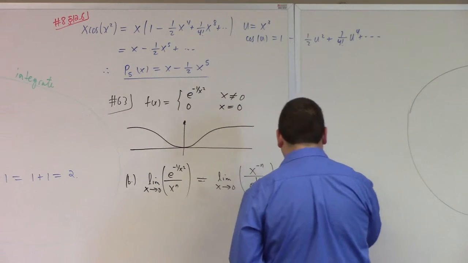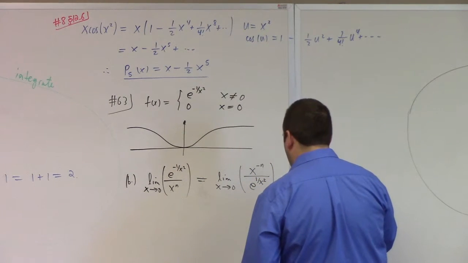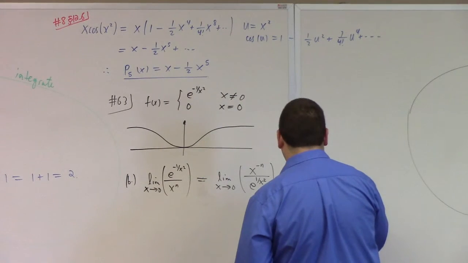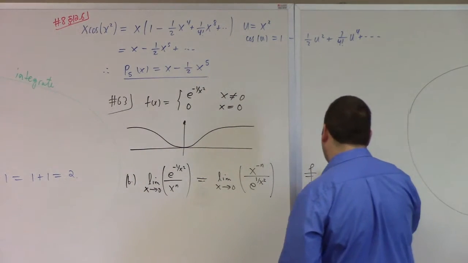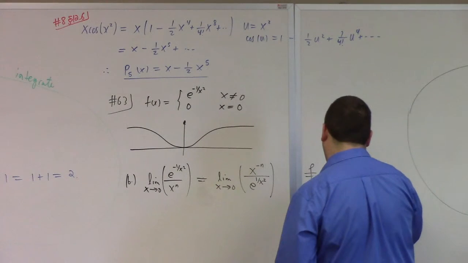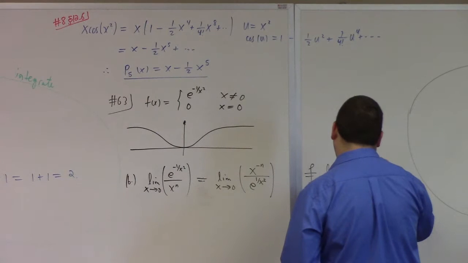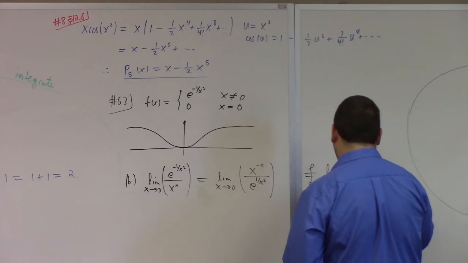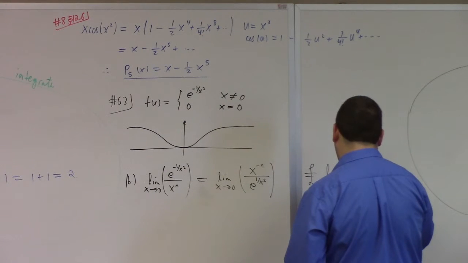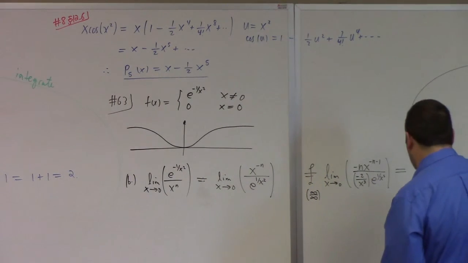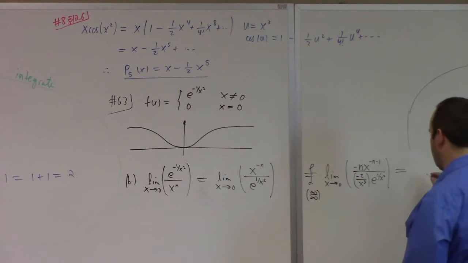So this is what? L'Hopital's, what we got here? That's infinity over infinity, right? Yeah. So we get minus n, x to the minus n minus 1 over what? So then we bring that power upstairs, is that what we do?